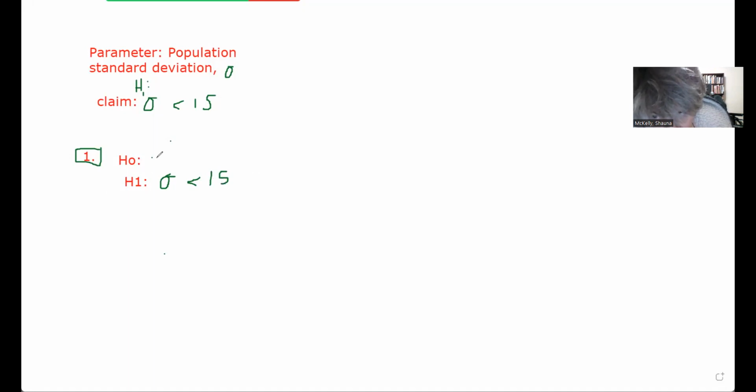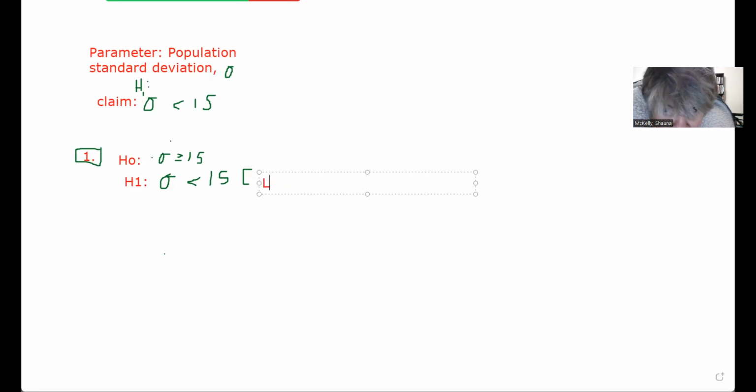We have H0, so remember, H0 goes the other way, so it's greater than or equal to, it includes all three, greater than or equal to 15. This is a left tail test. It goes in the direction of H1 always. So this is a left tail test.